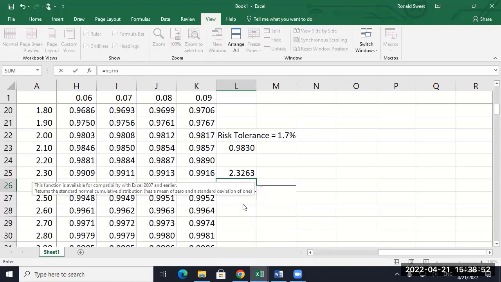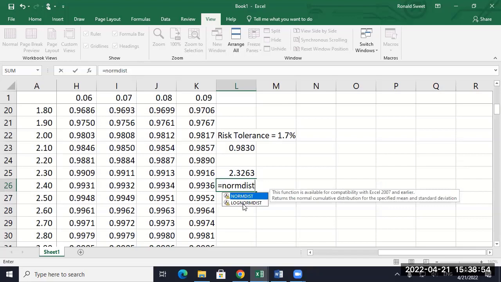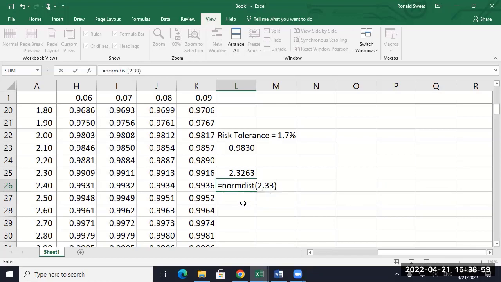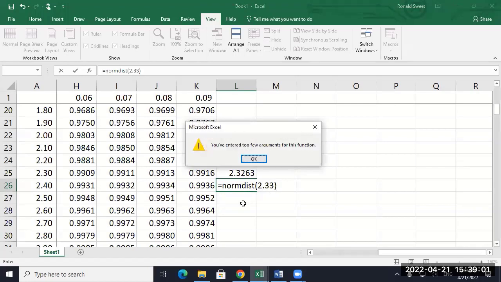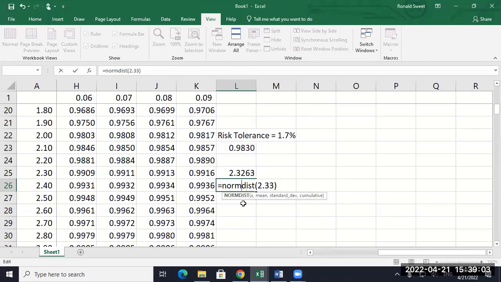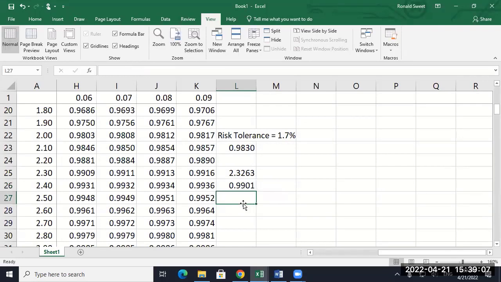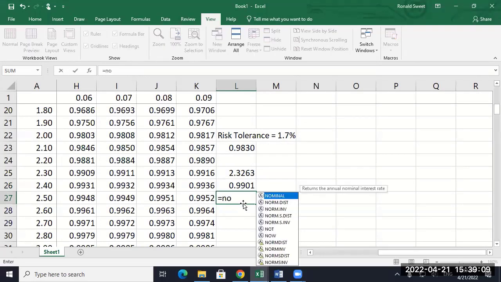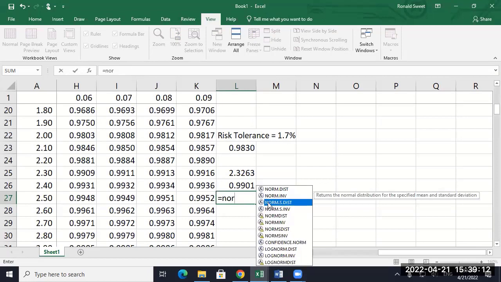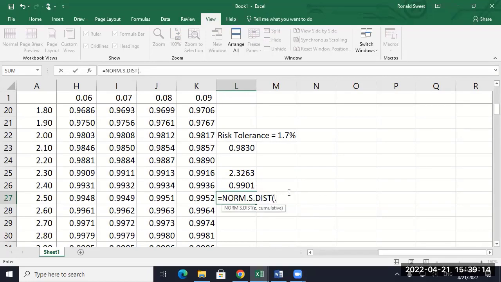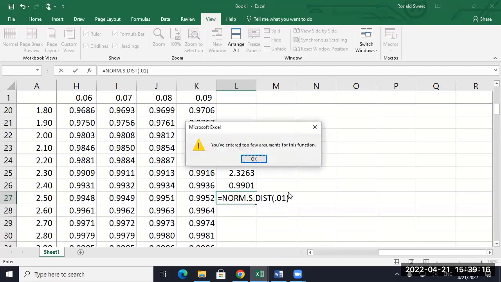Equal norm.s.dist. There you're talking about the number of standard deviations. So that's going to give you the 99%. Norm with an S. Why is the S in there? It's like a standard. And then you put the probability in there.